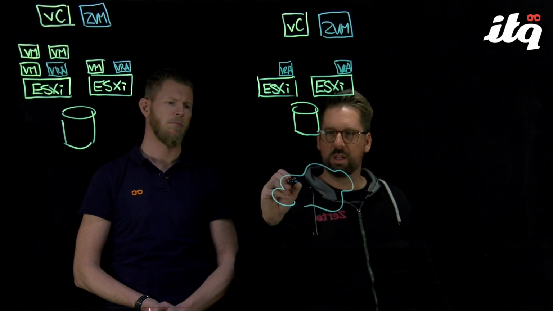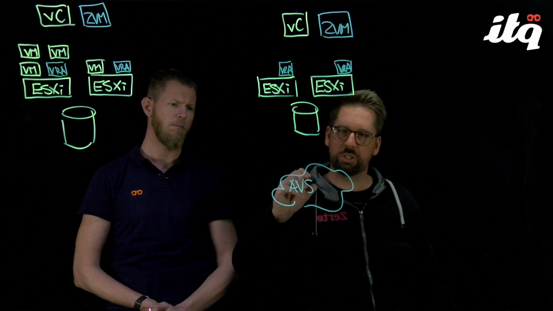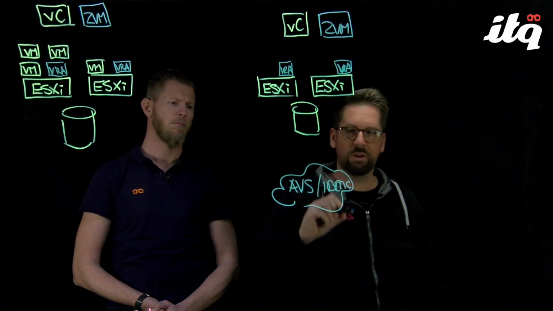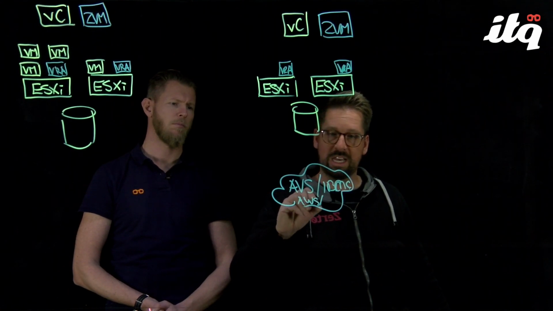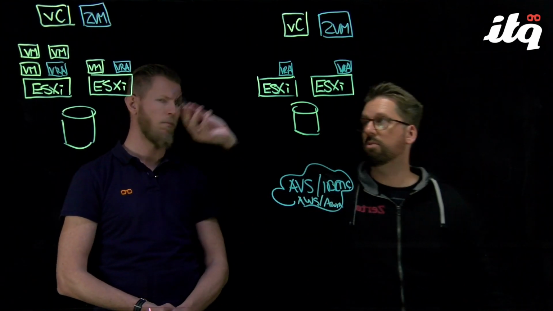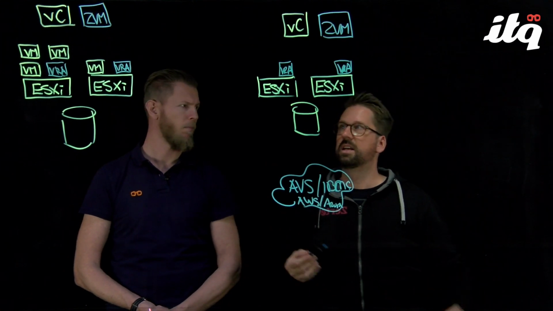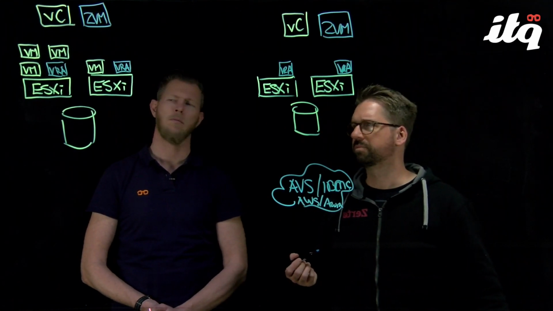We support VMware-based clouds, like Azure VMware Solution or IBM Cloud, or native AWS and native Azure as well. So I could use that as a target as well. So go both on-prem environments or cloud environments, or between those. Like I said, we're completely agnostic, so there's a lot of choice there.